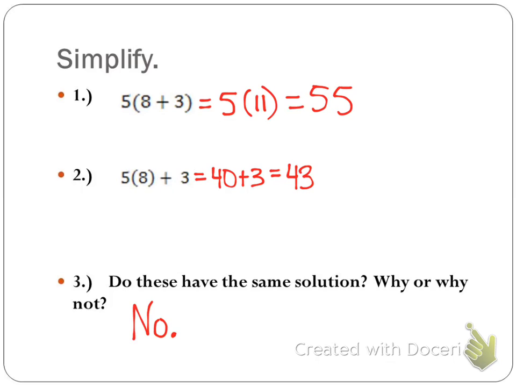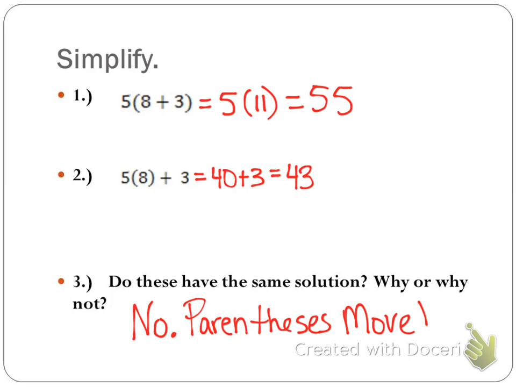What was different that caused them to have different solutions? Very good. Where the parentheses are. So you could say the parentheses placement, or where they ended changed. Something about those parentheses made the difference.